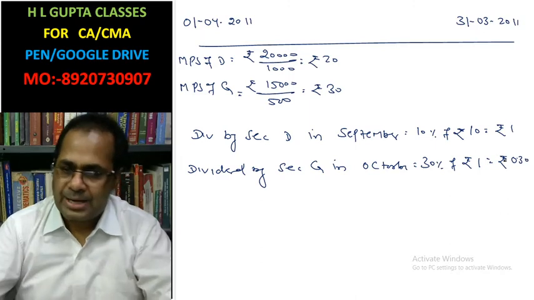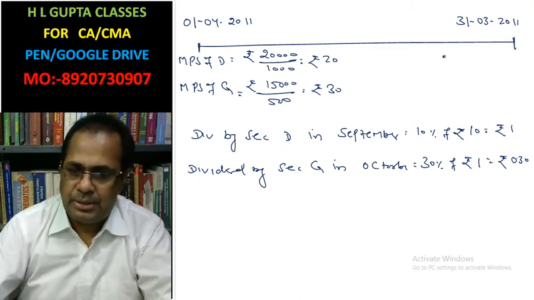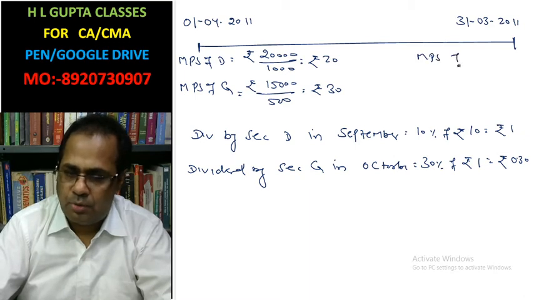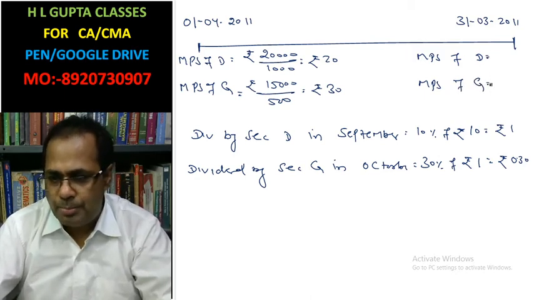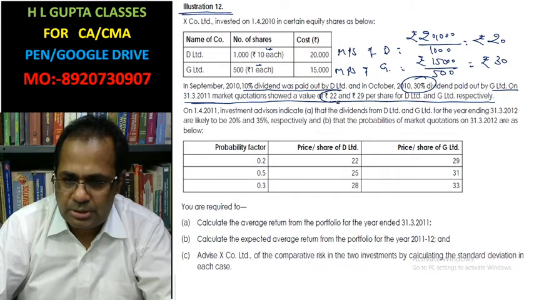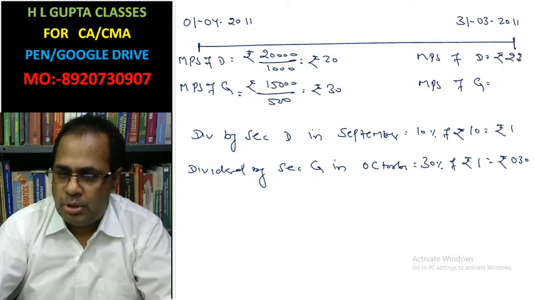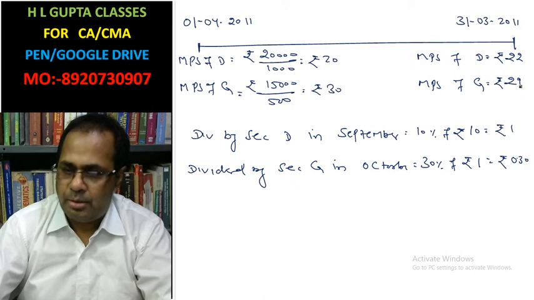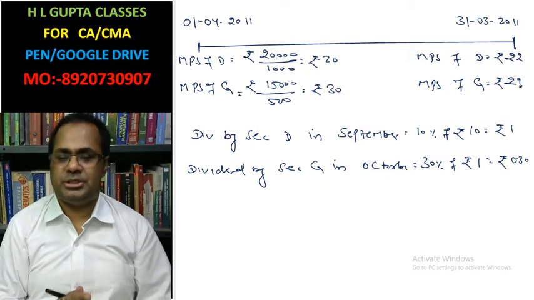Now the market price per share of D and of G: market price per share is rupees 22 and 29, as given in the information.